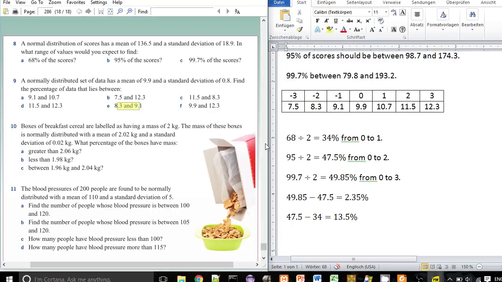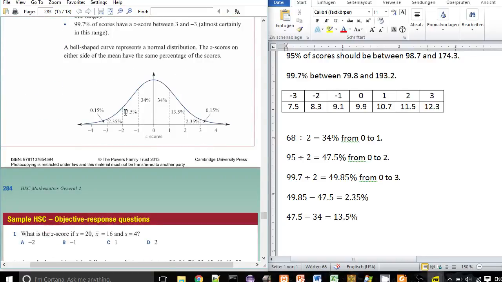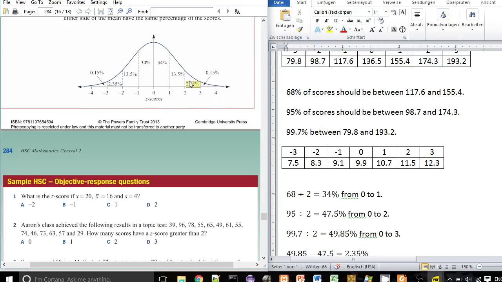Let me just, for reference, so that we know, I actually figured out these numbers. It all comes from these things, 68, 95, 99.7. If you break it up into parts and subtract, to get between 2 and 3, you just need 0 to 2 and 0 to 3, and you subtract, you get this number.